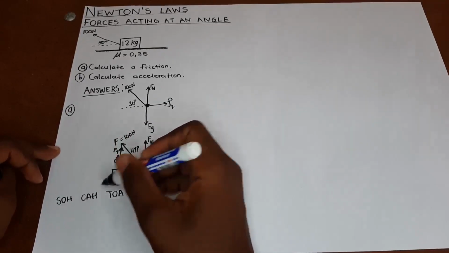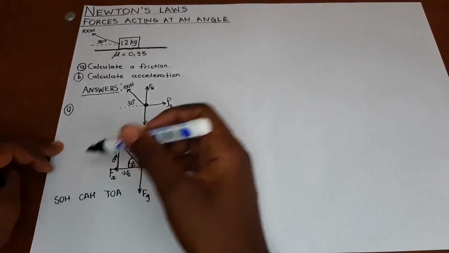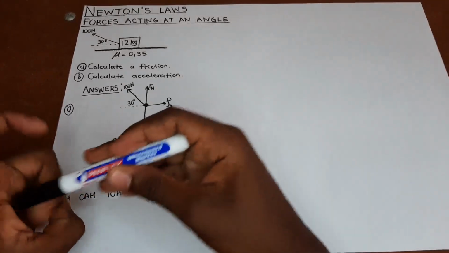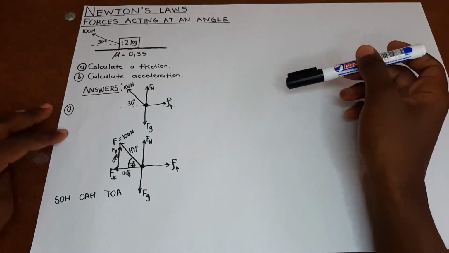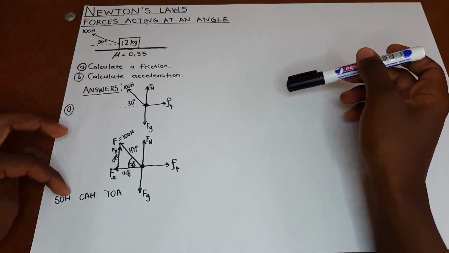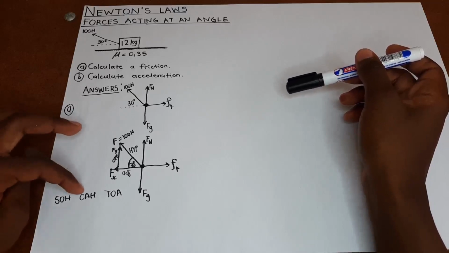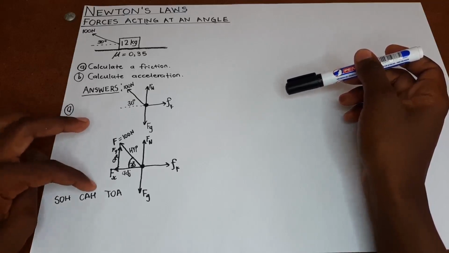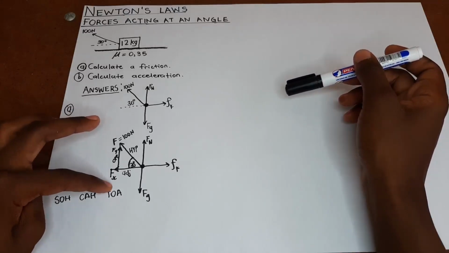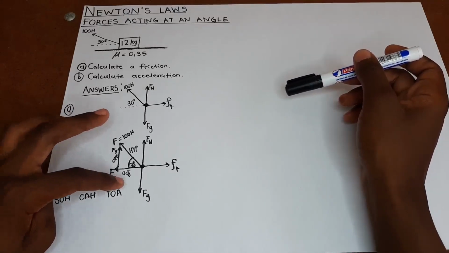This is SOHCAHTOA. Sine is equal to opposite over hypotenuse. Cos is equal to adjacent over hypotenuse, and tan is equal to opposite over adjacent.